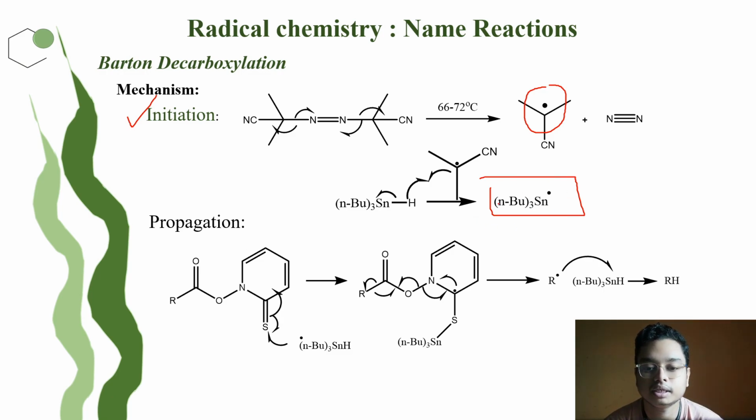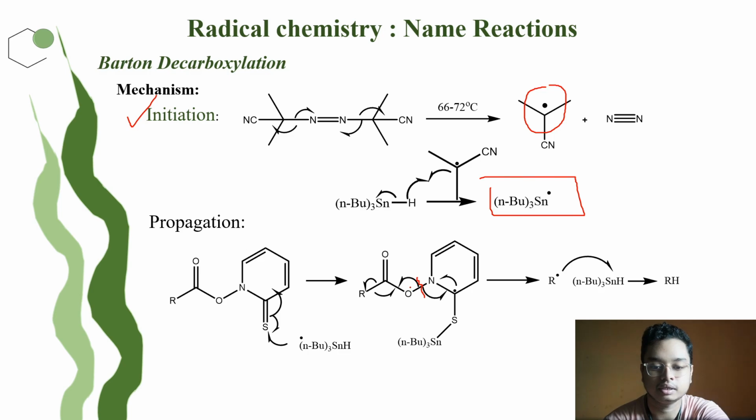This radical will now attack the sulfur center of this thiohydroxamate ester to generate this radical, and this radical undergoes a rearrangement: this bond breaks apart, with cleavage of this bond, and these two radicals combine.